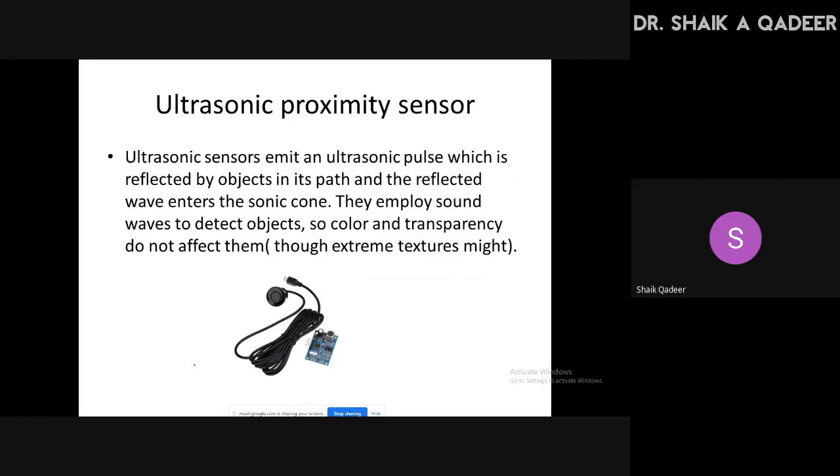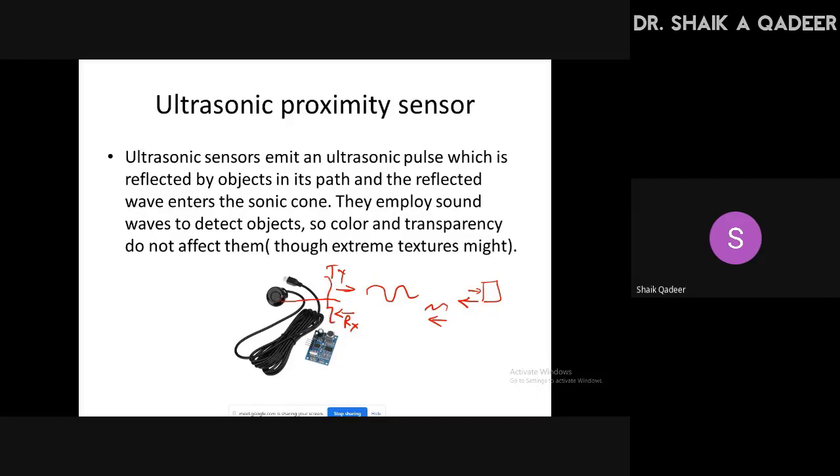Ultrasonic proximity sensor. Ultrasonic proximity sensor, as I already told you, transmits sound waves. And the sound wave is reflected back by the object, and it is again measured with the mechanism available in the integrated sensor only, like this.